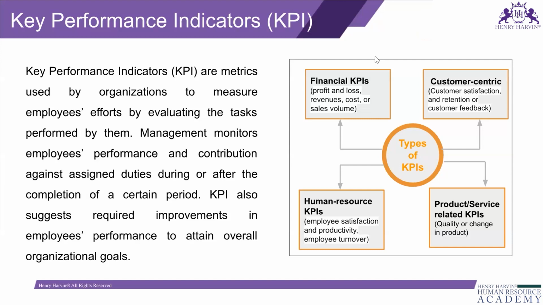So their performance will be evaluated based on this. How well the payroll person is doing the job. Okay, so whether the payroll person has the capability to run the payroll within third of every month.